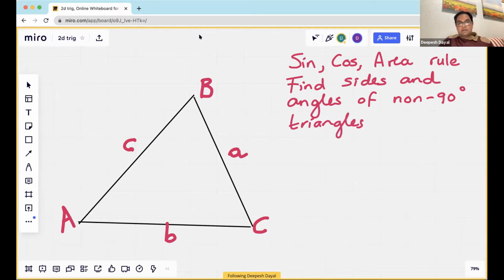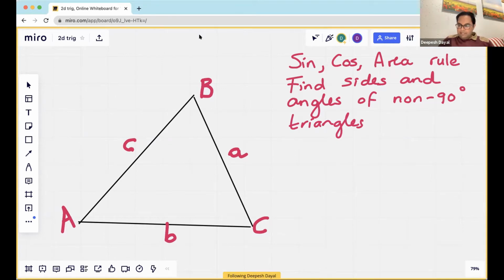Okay, we can use it for 90-degree triangles as well. However, we cannot use SOHCAHTOA for these non-90-degree triangles, right? So that's why we have to use sine, cos, and area rule. So these ones don't have 90 degrees. They're not right angles, right?